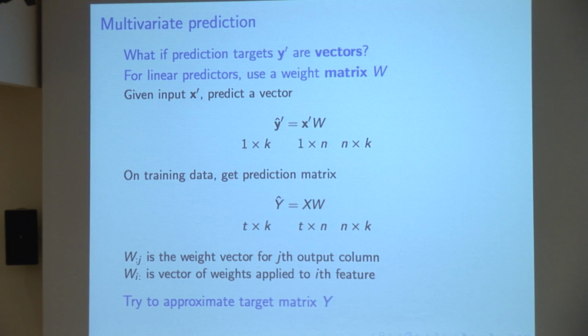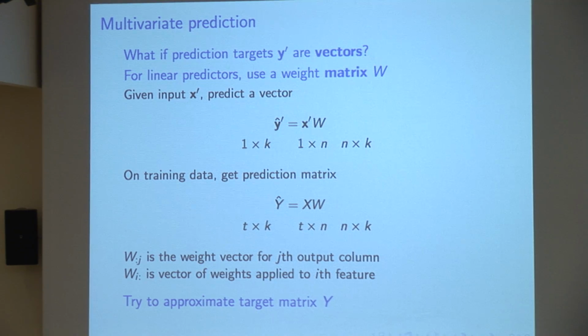Well, in a pretty obvious way, the most natural way to model this is just to generalize or extend our notion of a linear model from a weight vector to a weight matrix. So we're going to represent linear models with a weight matrix, where we map an n-dimensional input feature to a k-dimensional output feature by just multiplying by an n by k matrix. No big deal.